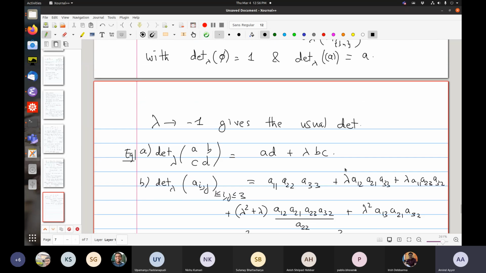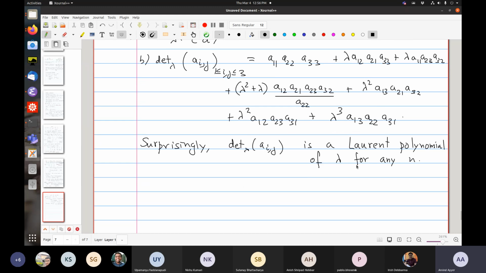But again, there are miraculous cancellations, and you get what is called a Laurent polynomial. A Laurent polynomial is just like a regular polynomial, except that you have finitely many terms of negative degree in addition.